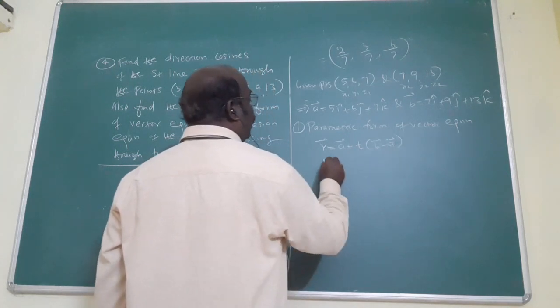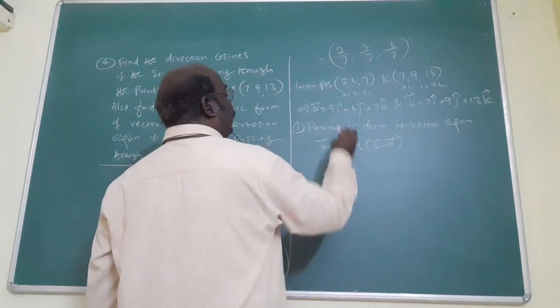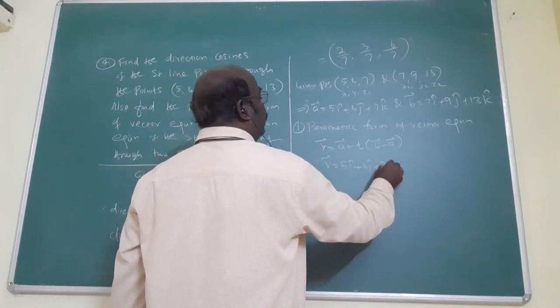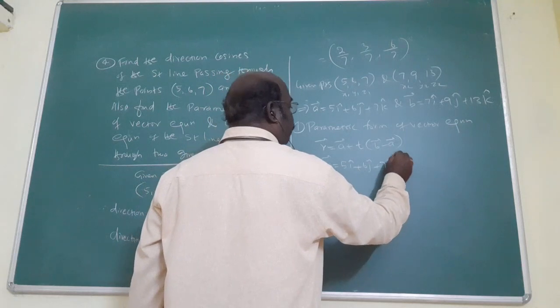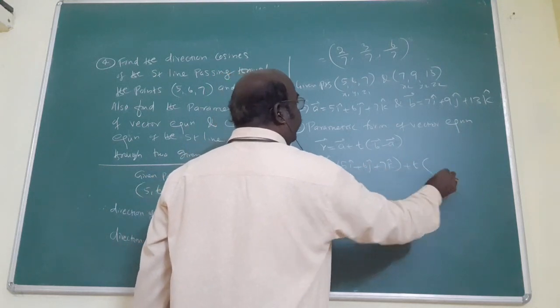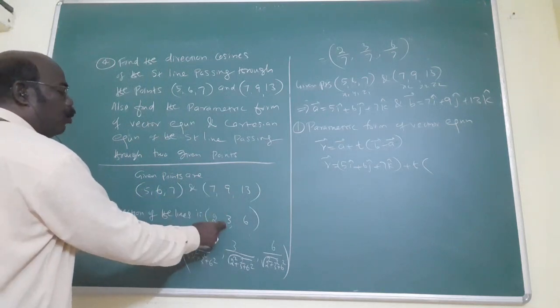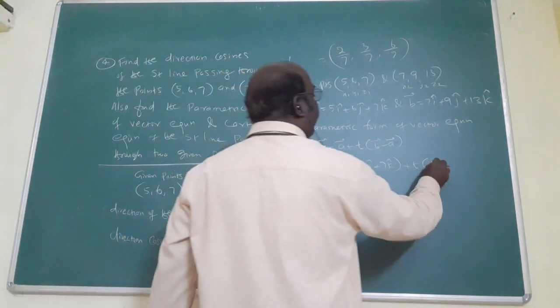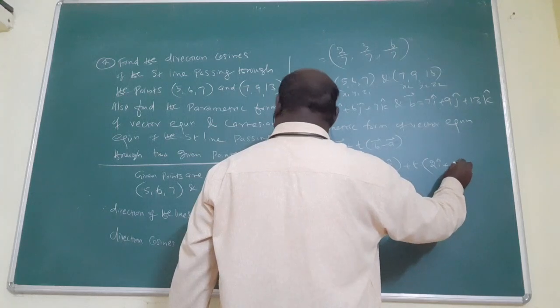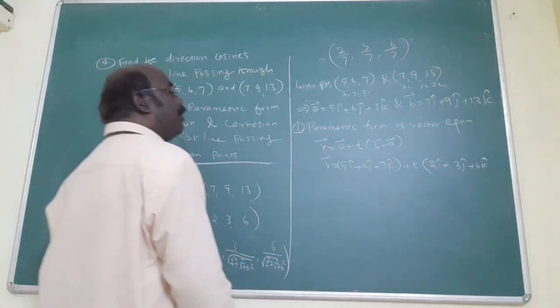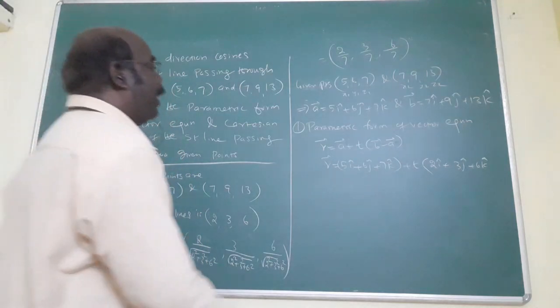Am I correct? R vector equals A, which is 5 i cap plus 6 j cap plus 7 k cap, plus p into second minus first. Already found: second minus first is 2, 3, 6. That is the answer: 2 i cap, 3 j cap, 6 k cap. This is the parametric form of the vector equation.